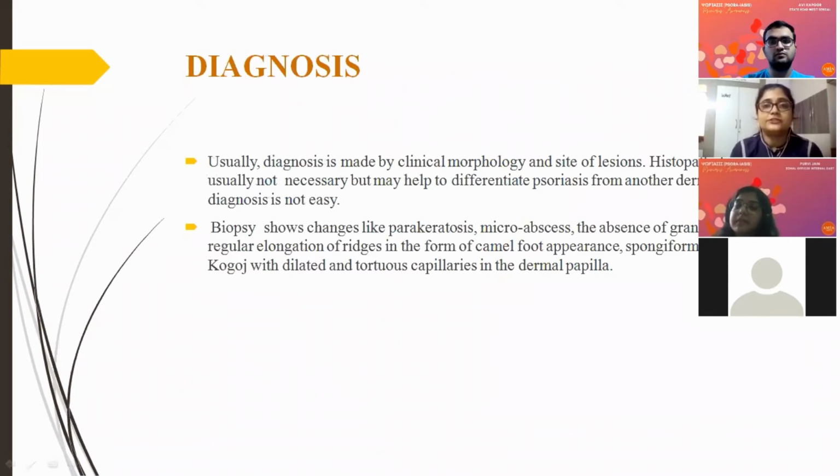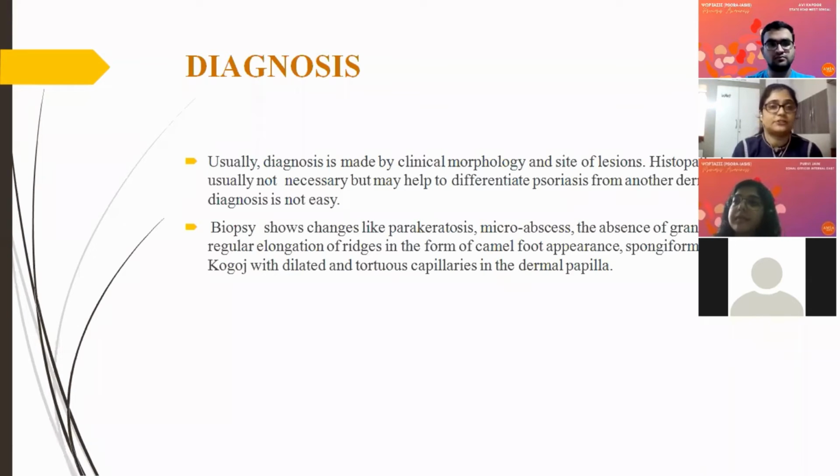Now, diagnosis is mainly by the clinical morphology. Histopathology is not usually necessary, but may help to differentiate psoriasis from other dermatoses, and if the diagnosis is not easy. Biopsy shows changes like parakeratosis, microabscess, absence of the granular layer, regular elongation of ridges in the form of camel foot appearance, spongiform pustules.